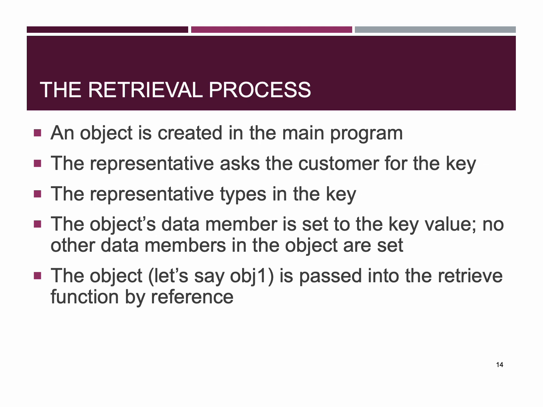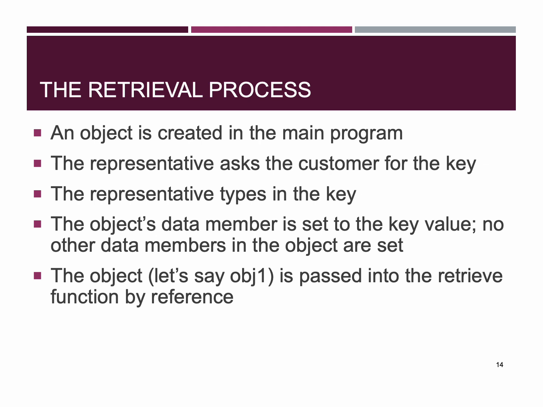Then the representative types in the key, which is then associated with the object. The object's data member is set to this key value. At this stage, none of the other data members in the object are set. So only the key is needed for the search.